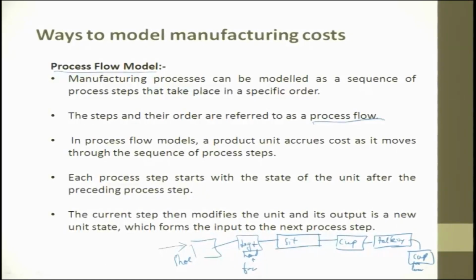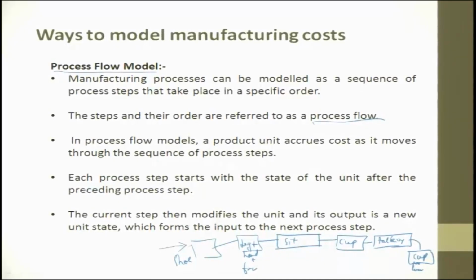In a process flow model, a product unit acquires cost as it moves through a sequence of process steps. So, for every step, there is a value addition to the raw material, and for every value addition there is a costing. So, a costing gets built up in the product. Each process step starts with the state of the unit after the preceding process steps.